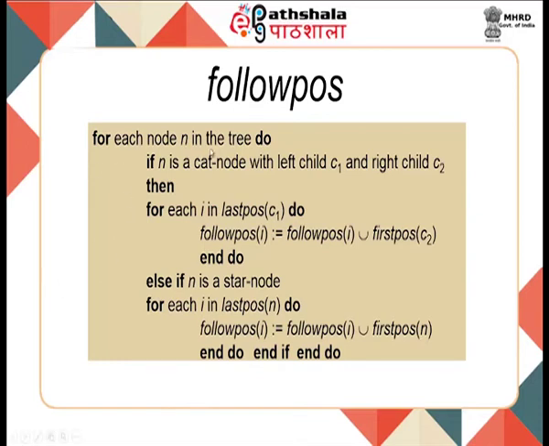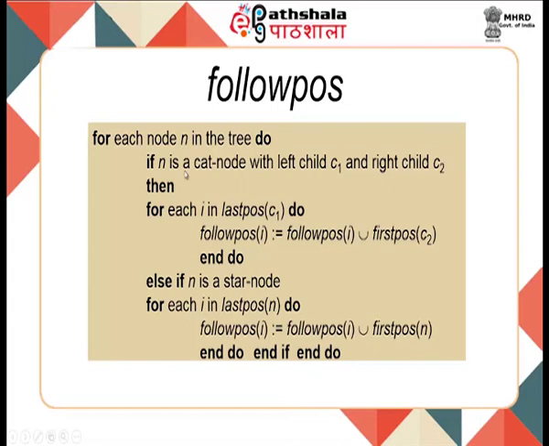For each node n in the tree, if n is a cat node, a concatenation node, with left child C1 and right child C2, then for each I in last position of C1, follow position of I will be follow position of I union first position of C2. If n is a star node, then for each I in last position of n, follow position of I is equal to follow position of I union first position of n.